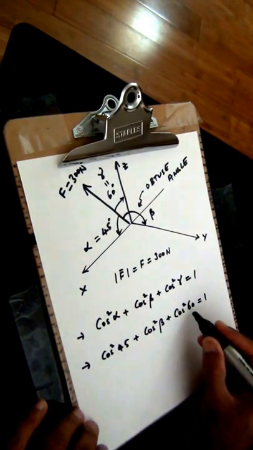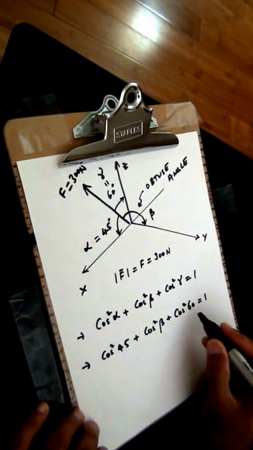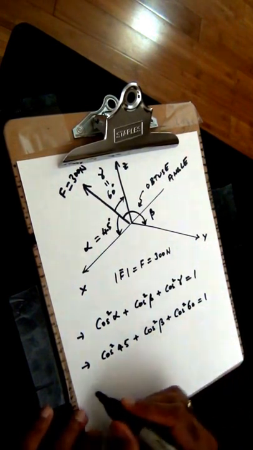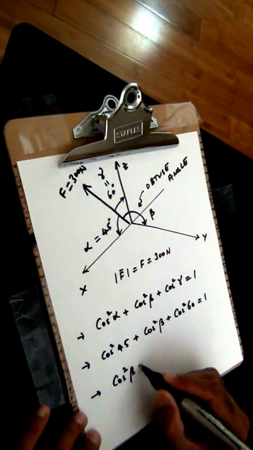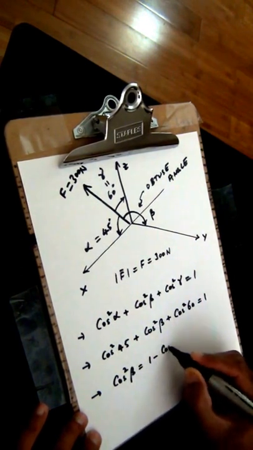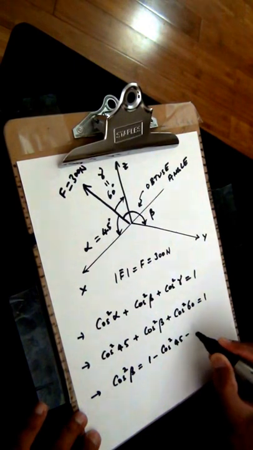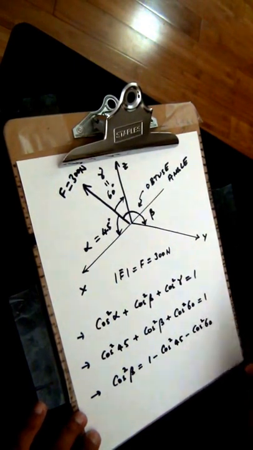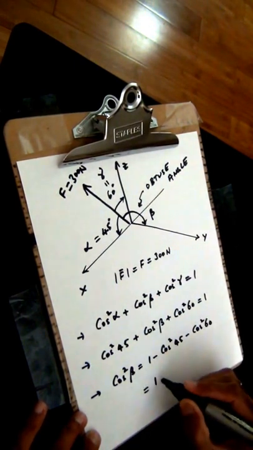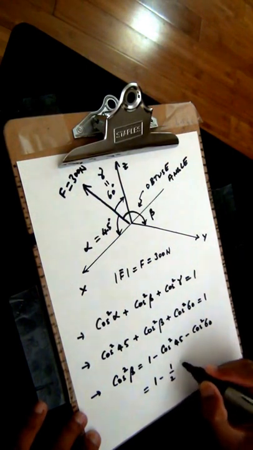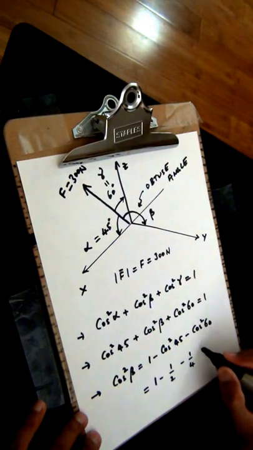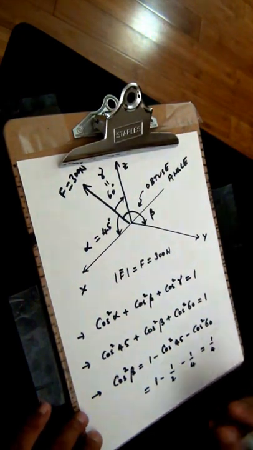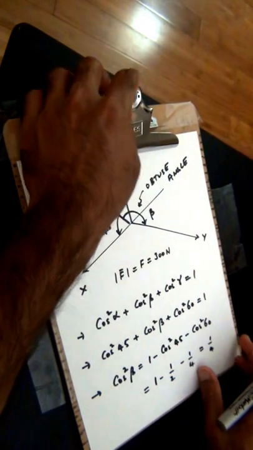Cosine of 60 is a half, so cosine square 60 is 1/4. So from this we can write that cos square beta is 1 minus cos square 45 minus cos square 60, or this is 1 minus 1 by 2 minus 1 by 4, which is 1 minus 3 by 4, which is 1 by 4. And essentially we have the following: cos square beta is equal to 1/4.